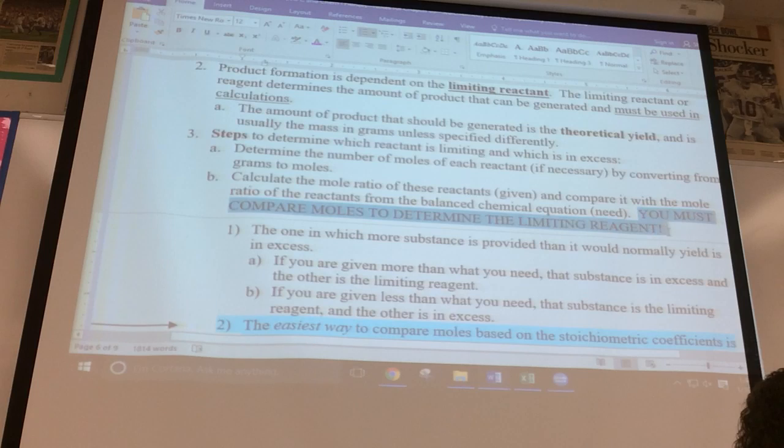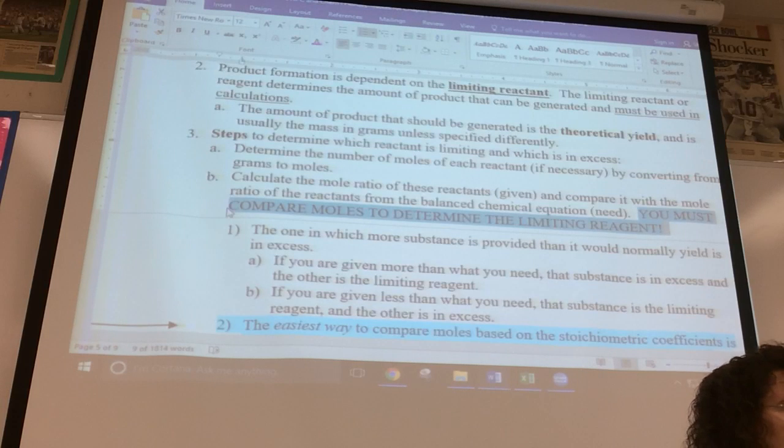The key to being successful here is you must compare moles. If they give you grams, you better convert to moles, and you'll see that shortly. The only way to compare two substances is through the mole ratio, which we talked about previously, and it's going to be critically important here.